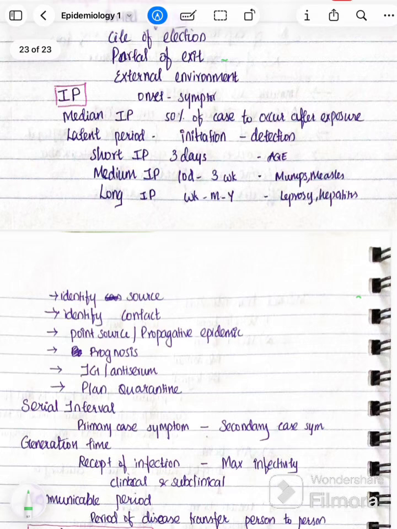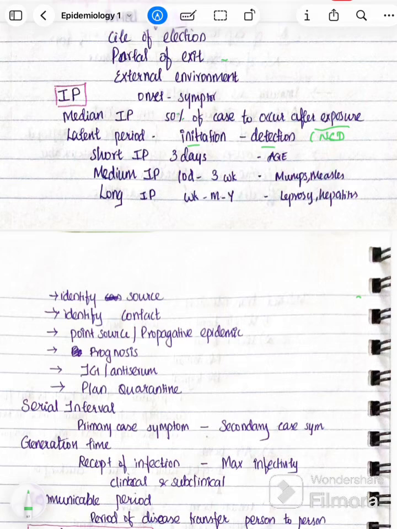The incubation period starts with entry of organisms and lasts until the symptoms appear. Median incubation period means the time by which 50% of cases occur after exposure. The latent period, used for non-communicable diseases, is the time from contact with the risk factors to the detection of the disease.